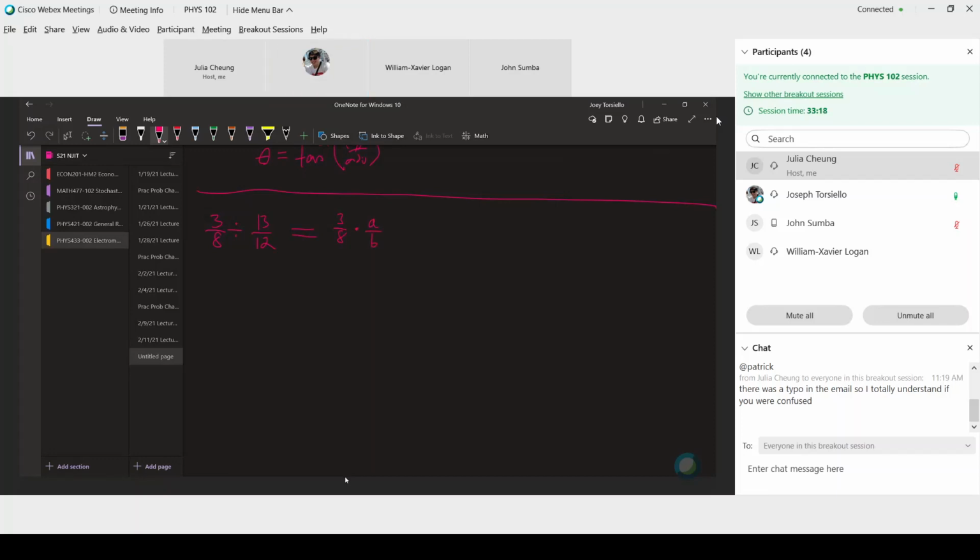So one of the properties of dividing fractions is that it's the same thing as multiplying by its reciprocal. So does anybody have any idea what a over b would be for this?